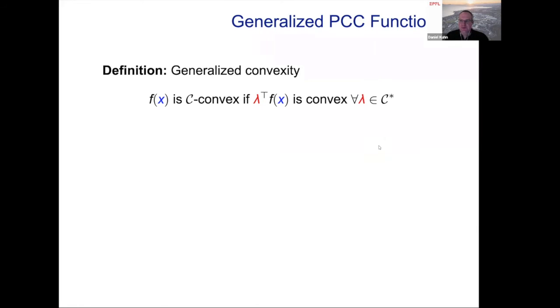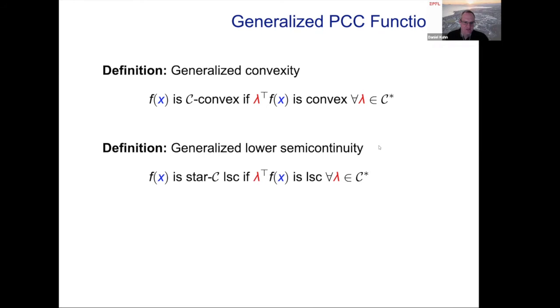So any proper convex cone C can be used to define generalized notions of convexity, lower semi-continuity, and properness. For example, a vector-valued function f of x is said to be C-convex with respect to a proper convex cone C if the inner product of lambda and f of x is a convex function of x for every vector lambda in the dual cone C star. Well, that's just a definition.